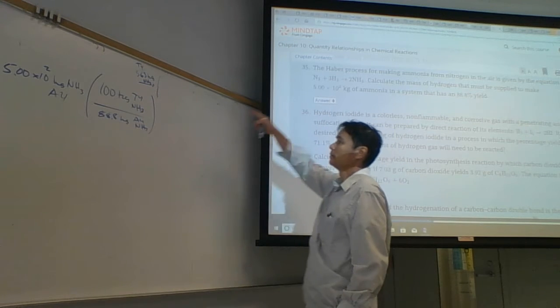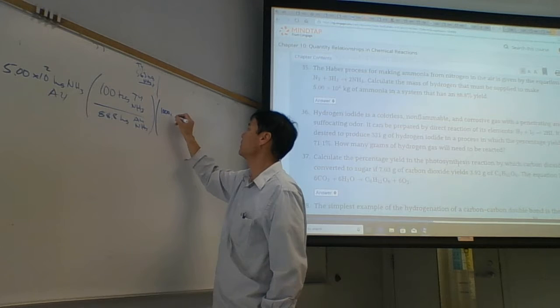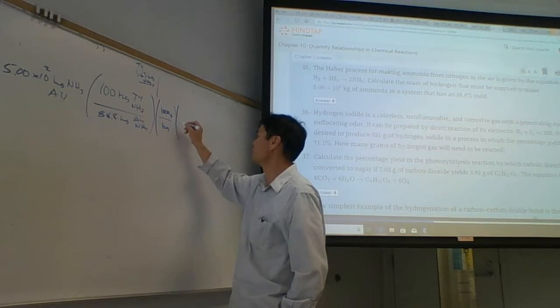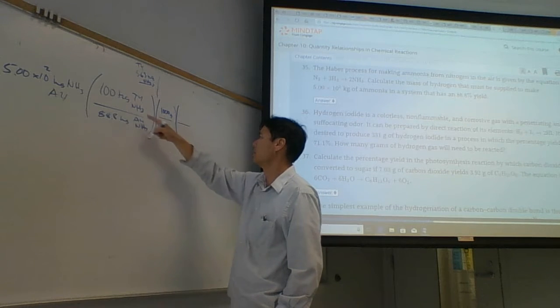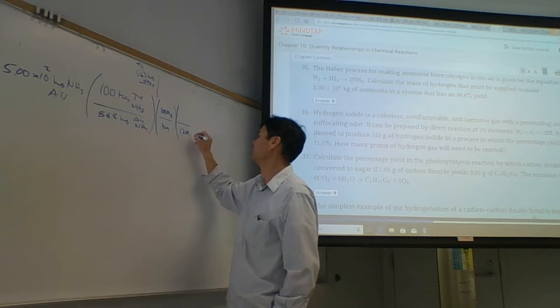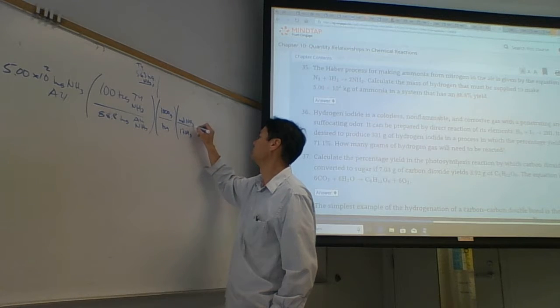So I'm going to go from kilograms of ammonia to grams of ammonia, 1,000 grams per kilogram. So I got grams of ammonia, from grams of ammonia to moles of ammonia, 17.04 grams of ammonia per mole of ammonia.